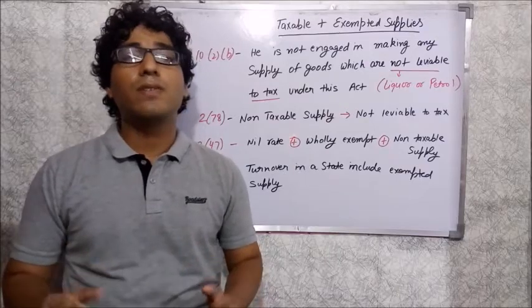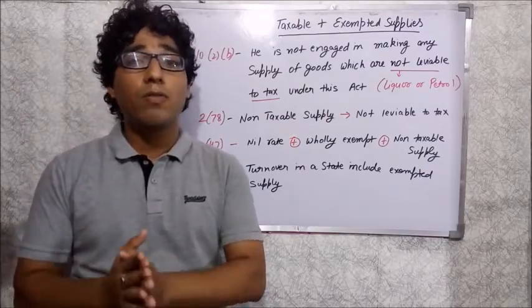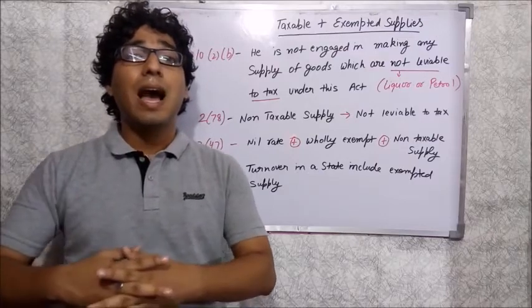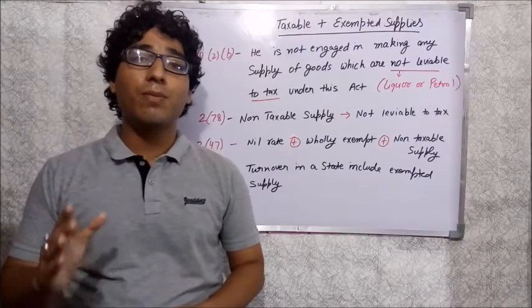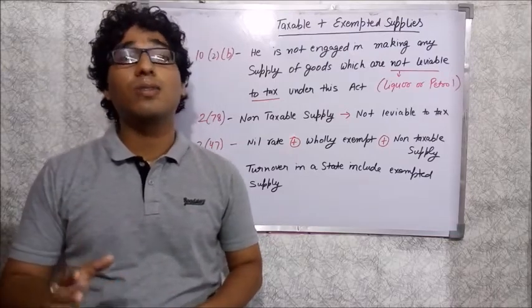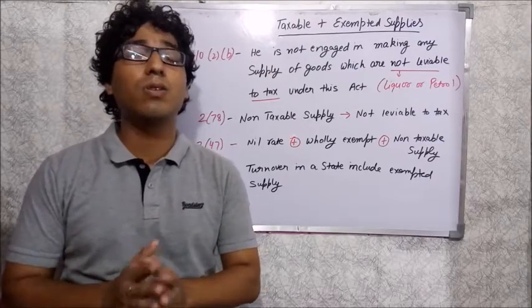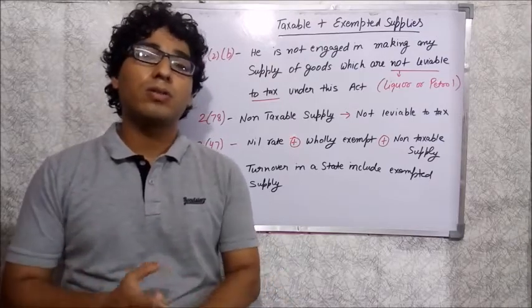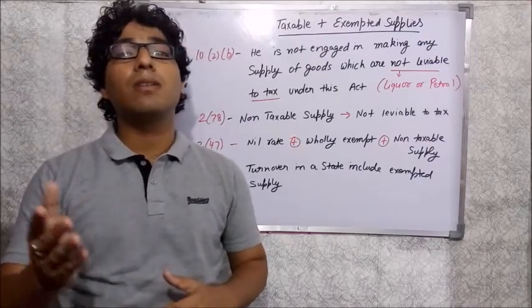This is the provision relating to the composition scheme. So what is an example of a person who will be out of this scheme if they are supplying both taxable goods plus goods not leviable to tax? Suppose in case of a restaurant, we know that the restaurant owner can avail the scheme because in case of services you cannot avail the scheme except restaurant services.